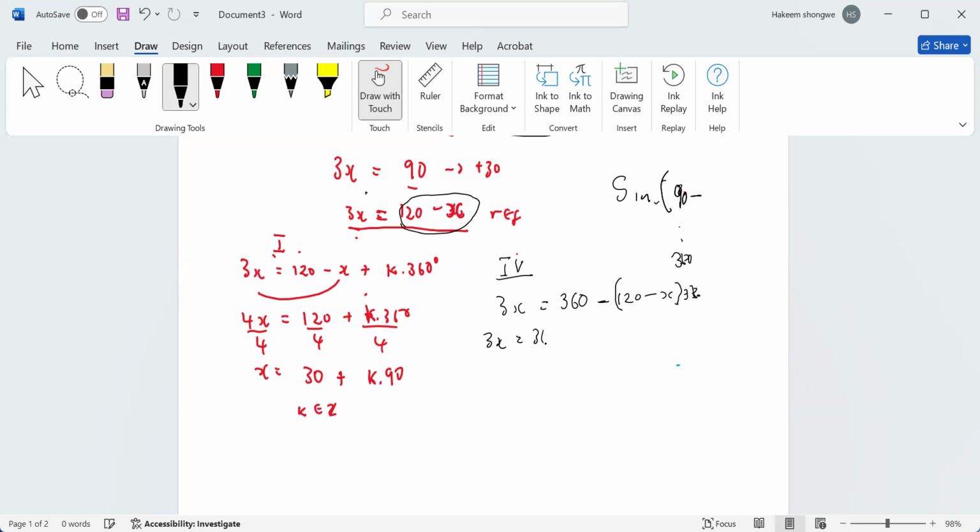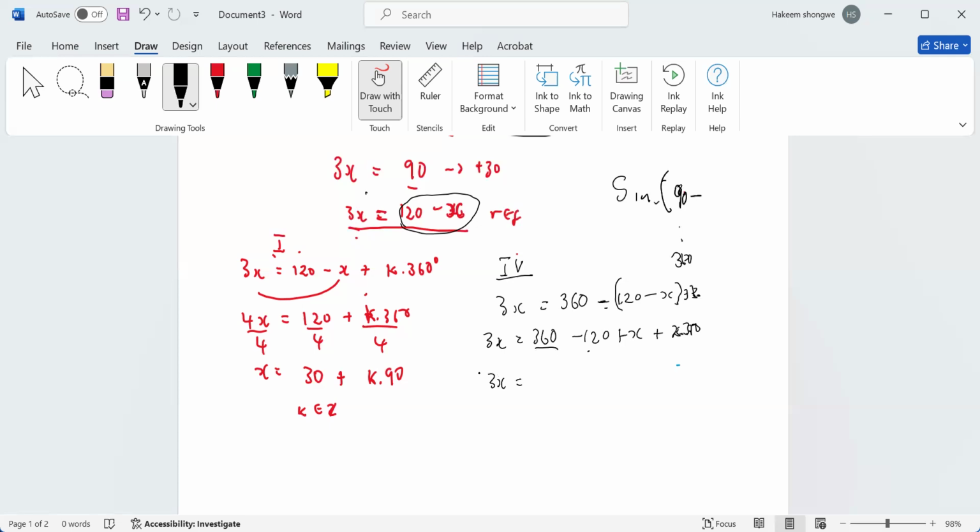Okay, we have 3x. We can transpose the x already.